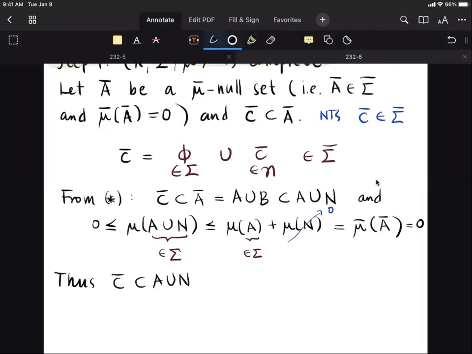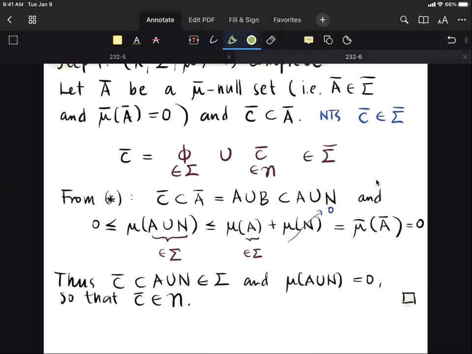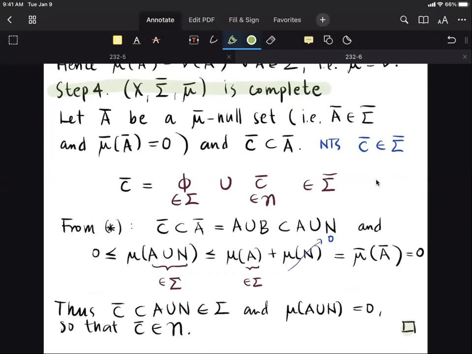This is in sigma, and mu of A union N is 0. So that C bar is a subset of a mu null set, therefore it is in N by definition of script N. And that proves the completeness of your extended measure space.